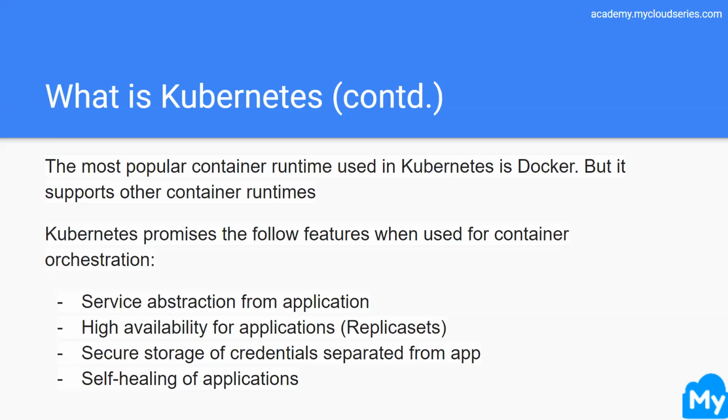The next we have here is availability for application or replica set. Now, with Kubernetes, you can actually make a replica of your container. Now, in auto scaling for normal applications, what you are making a replica of is both the application and the virtual machine, which can cost you a lot of money.